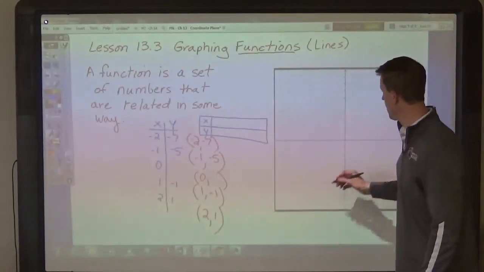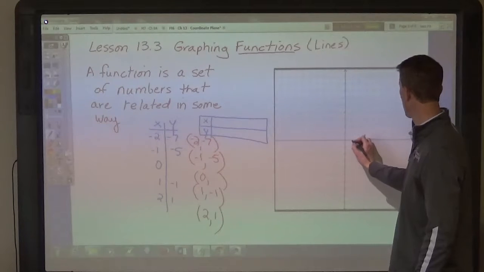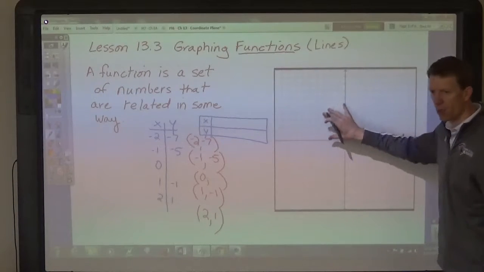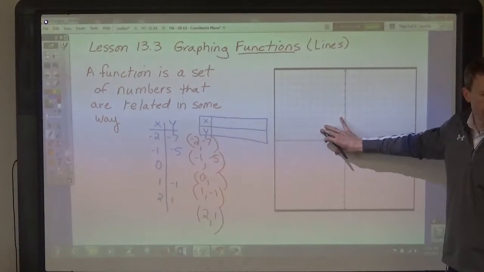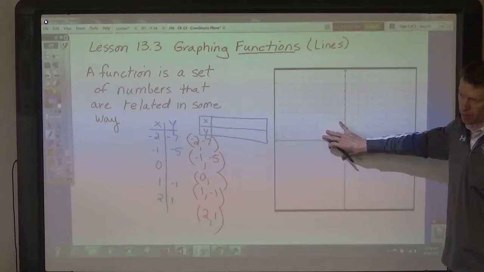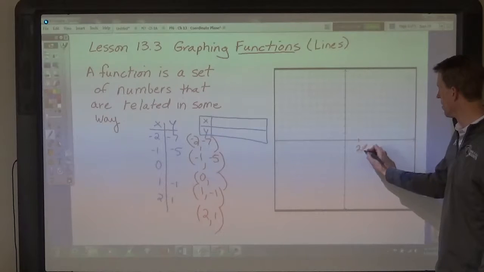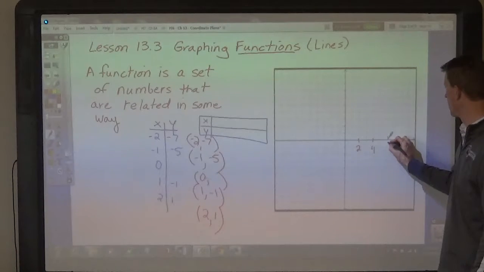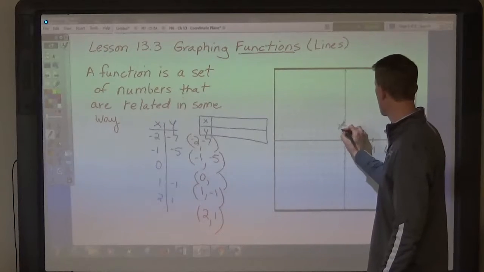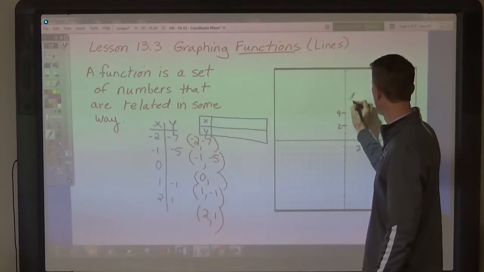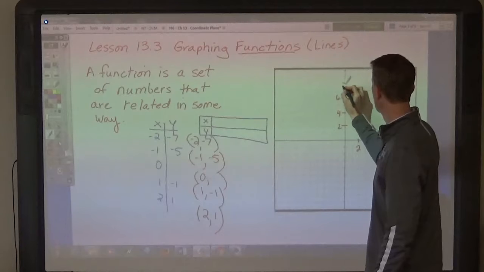So negative 2, negative 7. Now what I'm going to do is put, if you're ever graphing on a sheet of graph paper that doesn't have numbers on it, you have to put numbers on it. Okay? 2, 4, 6, 8. 2, 4, 6, 8.